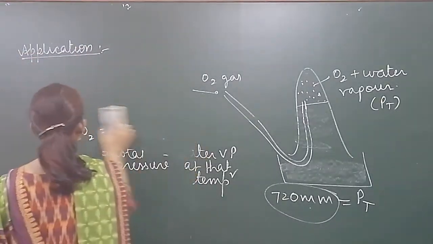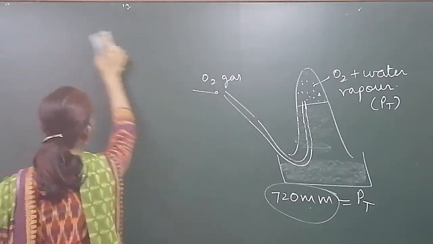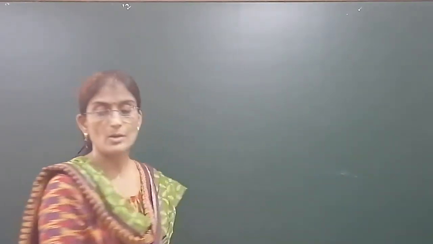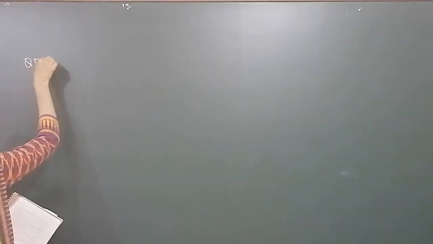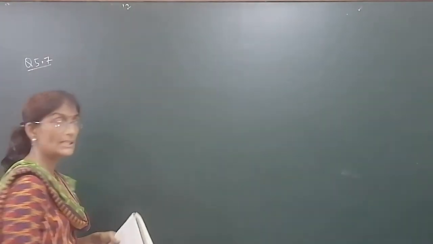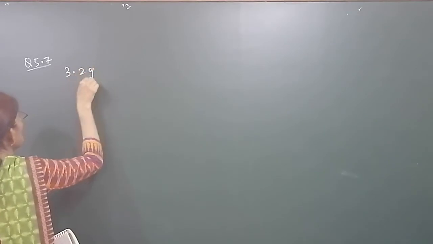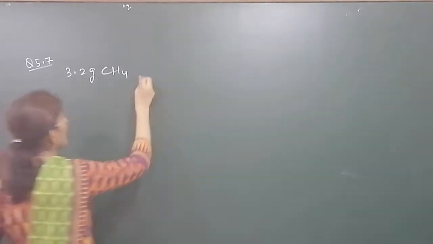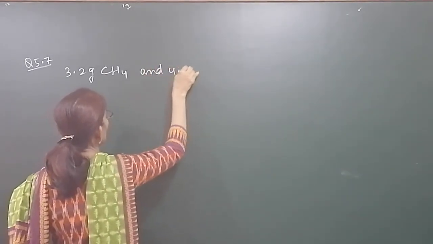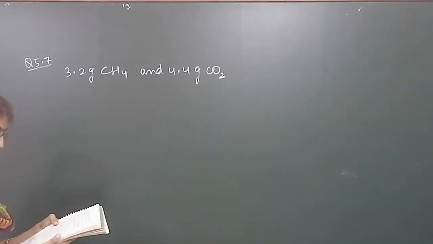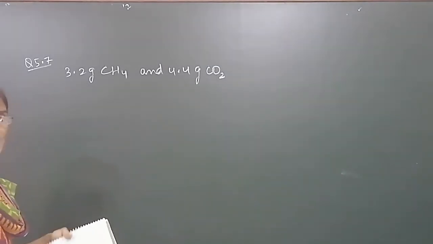Now question number 5.7, it is in the exercise at the back. What will be the pressure exerted by the mixture of 3.2 gram methane and 4.4 gram CO2 mixed in a 9 decimeter cube flask at 27 degrees Celsius temperature?